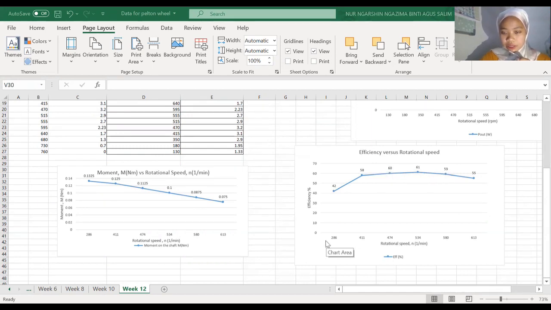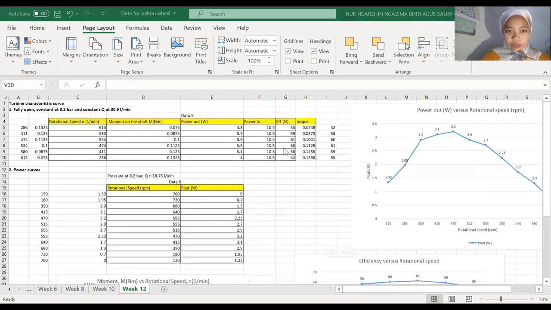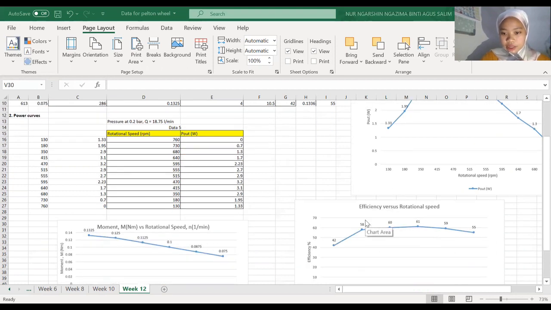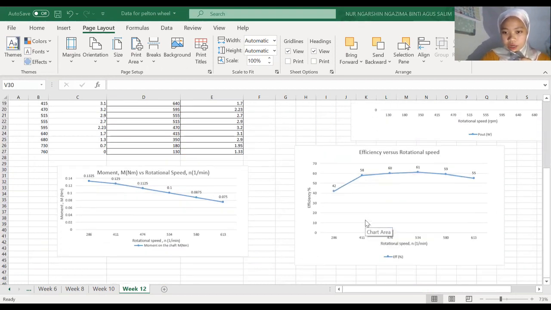Again, I changed the rotational speed, and I also changed the efficiency values from the smaller one to the bigger one, as you can see on the outside. So I get this graph, which at first shows an increase, but at the end of the graph, it was decreasing.